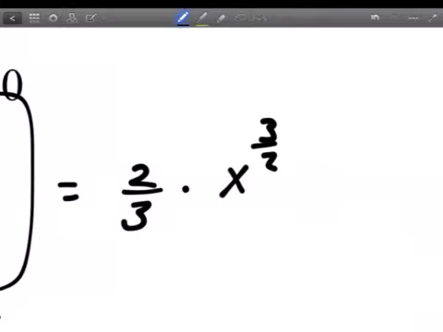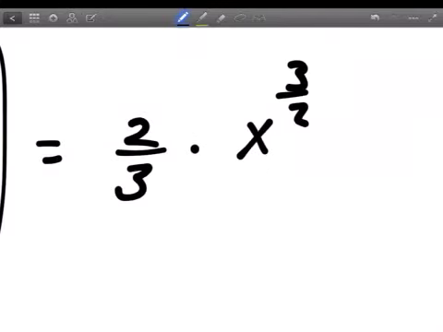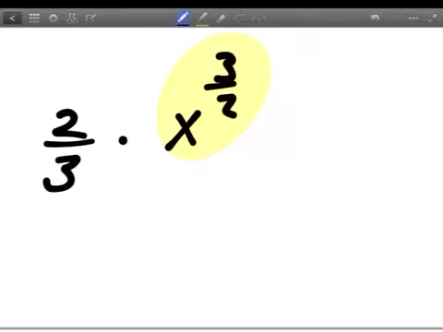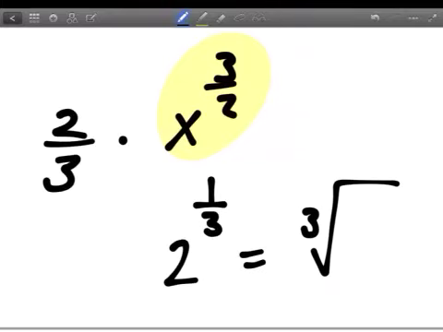And we have to change this term. Let me say, for example, 2 over 1 over 3 means the third degree of a root to the power of 1.